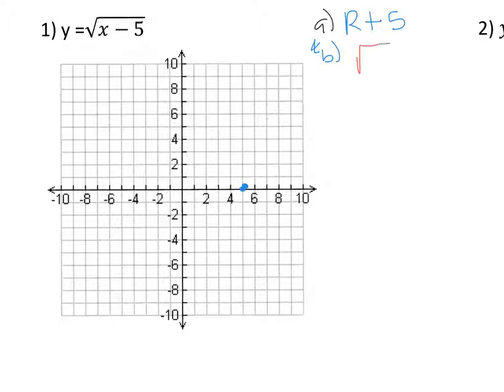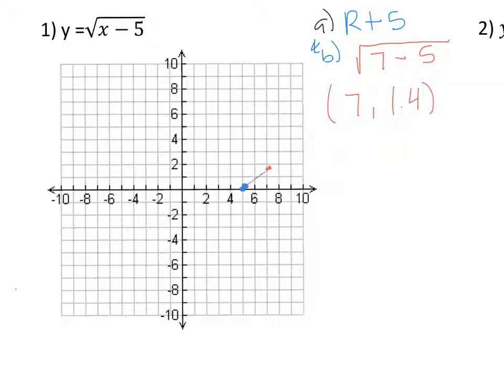You could use a decimal. Actually, maybe I'll do a decimal. Let's say I try 7. I'm going to plug 7 into my equation: 7 minus 5, and then take the square root of that. I get 1.4. The reason I'm doing this is just so it can help me draw the picture. So here's 7, here is 1.4 about right here. So I have 2 points now.